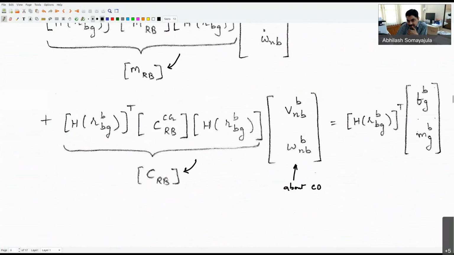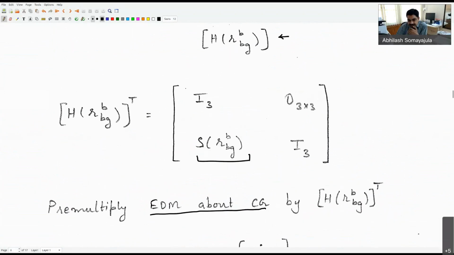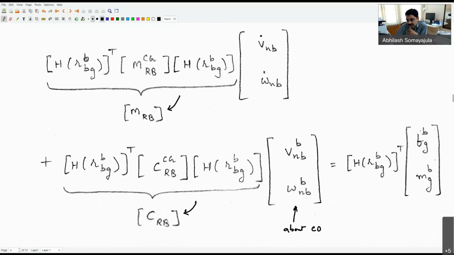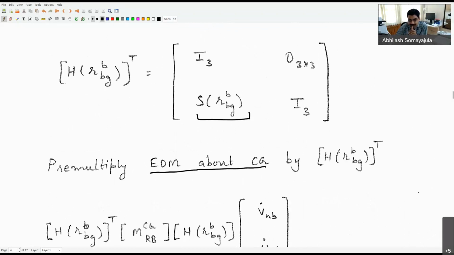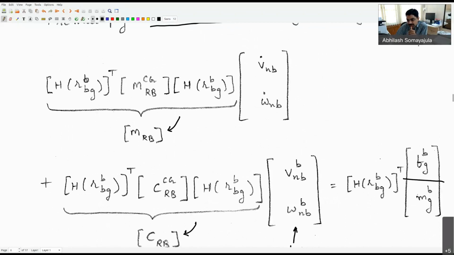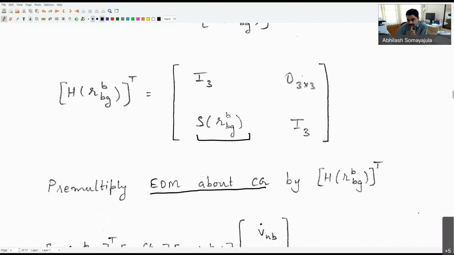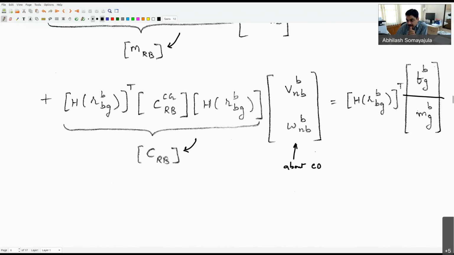See, this H matrix is there, no? The H transpose times this vector is what I am considering, right? Again, I have to consider the top half of this. So I have I3 times F_GB plus 0 times M_GB.